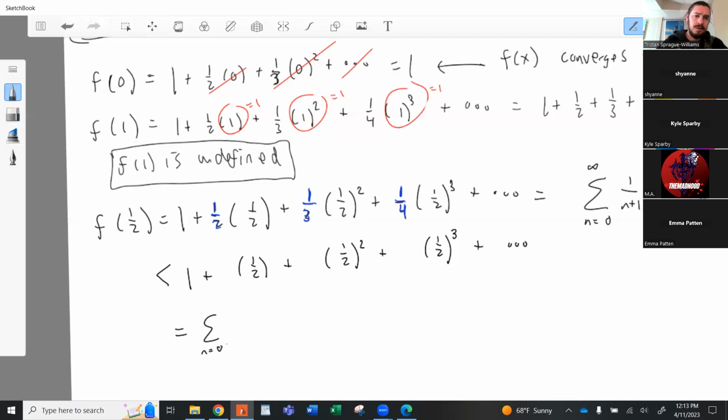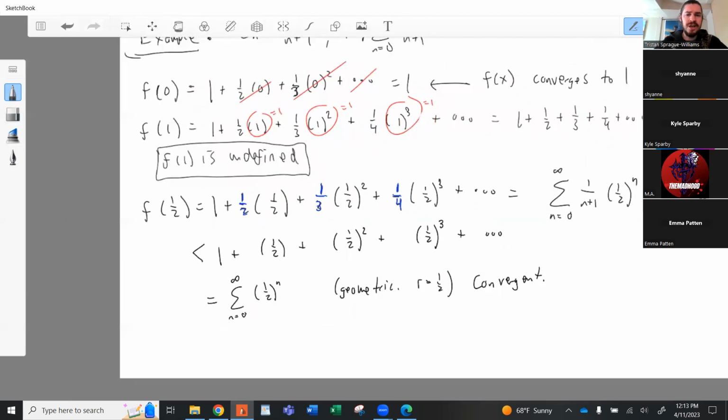So now what I've got here is basically 1/2 to the n. It's a geometric series with r equals 1/2. So convergent or divergent, this series? Geometric with r equals 1/2, convergent, right?